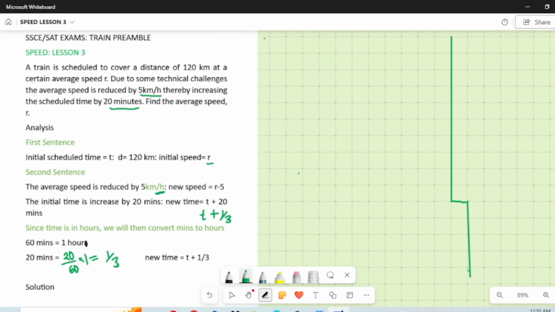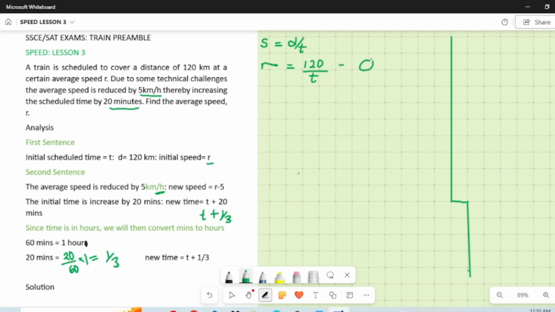So we are going to write the speed relationship sentence by sentence. Speed is the distance you covered per time. From the very first sentence, our speed, which has been substituted with r, is the same as 120, which is the distance, divided by t.